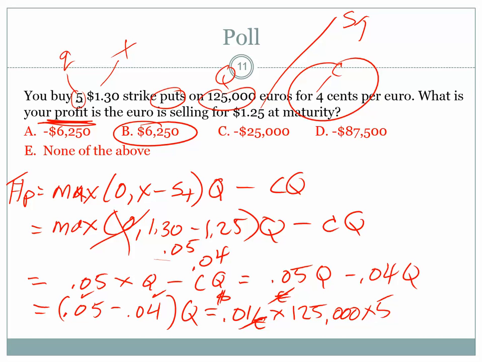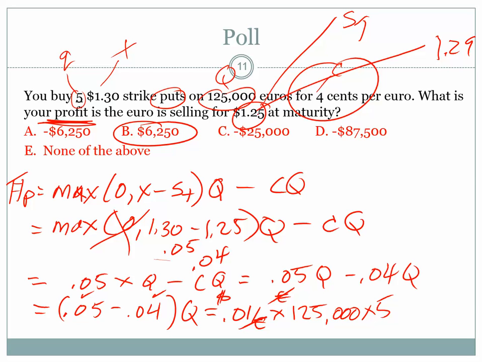Now profits of exercised options could turn out to be negative. Think about this problem where ST turns out to be not 1.25, but maybe one where we lose money. Let's say 1.29. So here's an option to sell euros at 1.30 when they're trading in the market at 1.29.